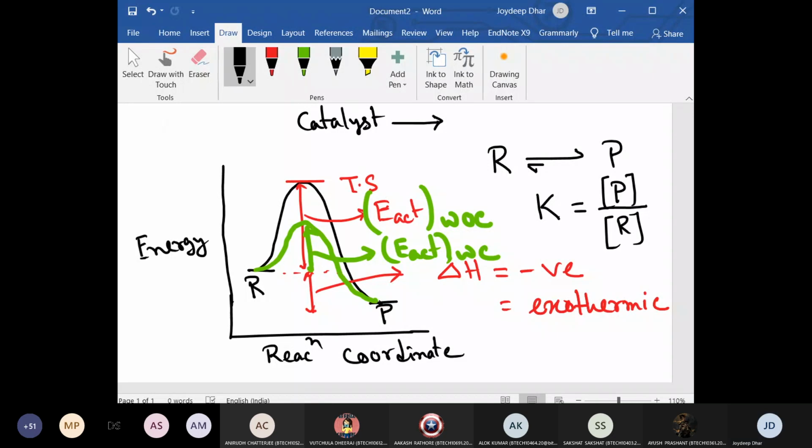Okay. If you add catalyst, because you can see in previous case you have to cross the energy barrier if you want to convert product to reactant. When there was no catalyst, you see the height, how much it has to cross, very large backward reaction. Now when you have added catalyst, how much you have to cross? This much.